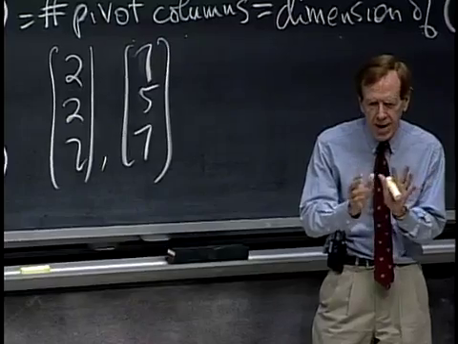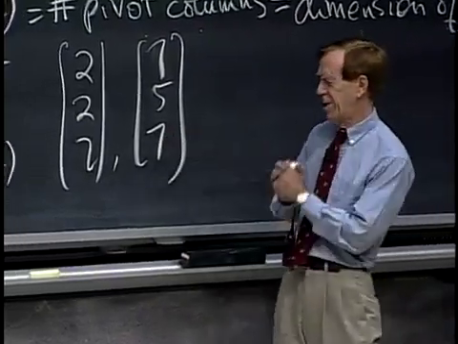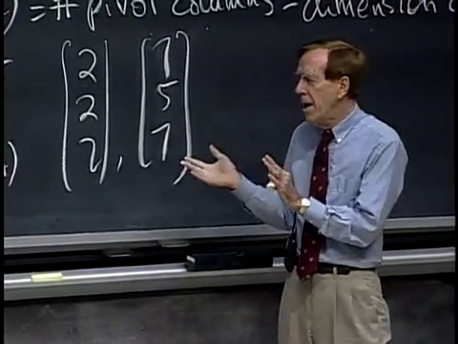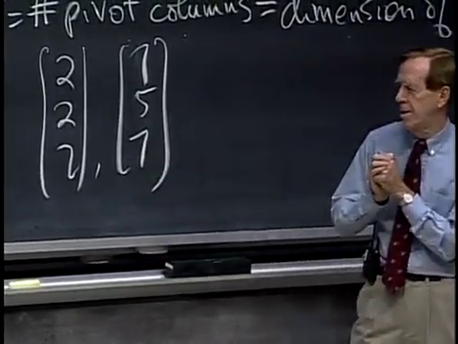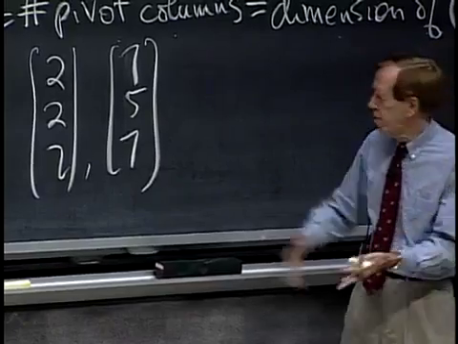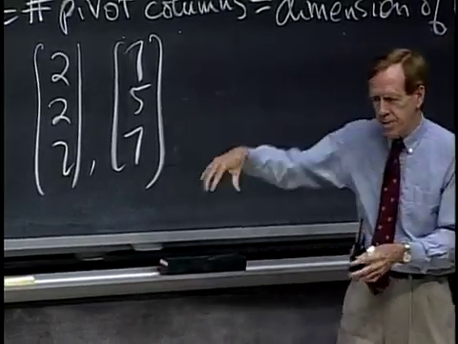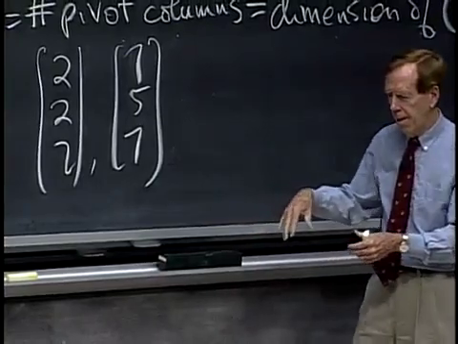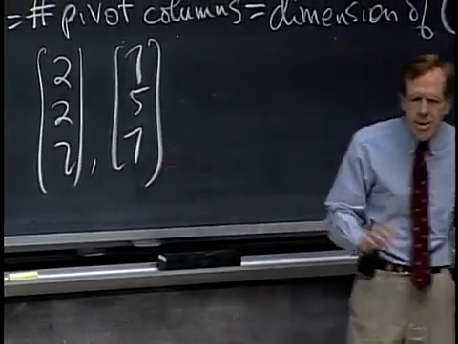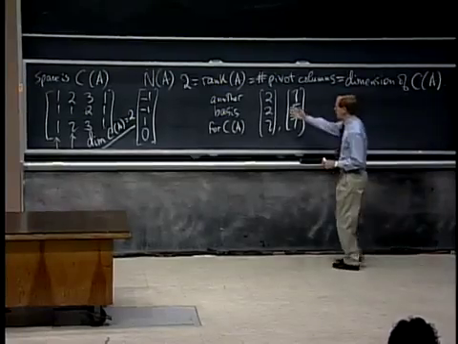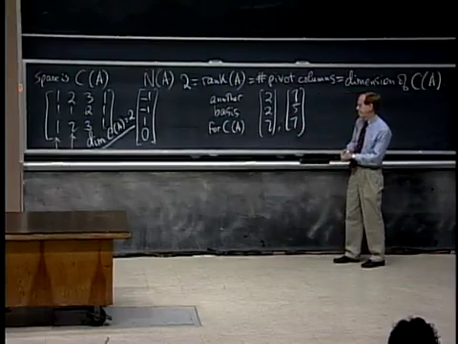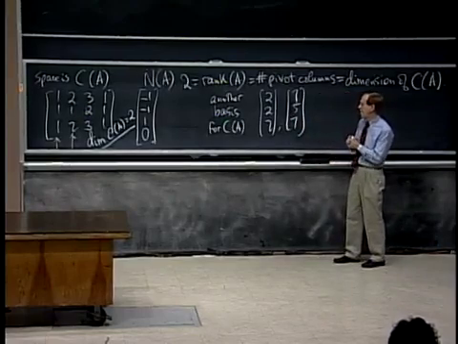If we've got the number of vectors right, 2 vectors in this case, then if they're independent, they can't help but span the space. Because if they didn't span the space, there'd be a third guy to help span the space, but it couldn't be independent. So it just has to be independent if we've got the numbers right. And they span. Okay, very good.